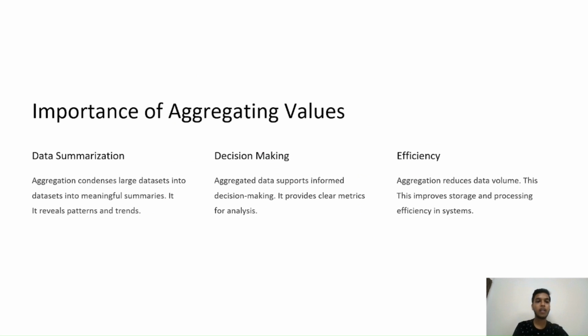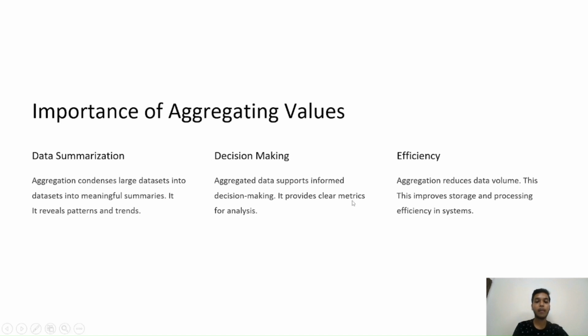Now let us see the importance of aggregating values. Some of them are data summarization, decision making, and efficiency. Now let us see data summarization. Aggregation condenses large data sets into meaningful summaries. It reveals patterns and trends. Decision making: aggregated data supports informed decision making.